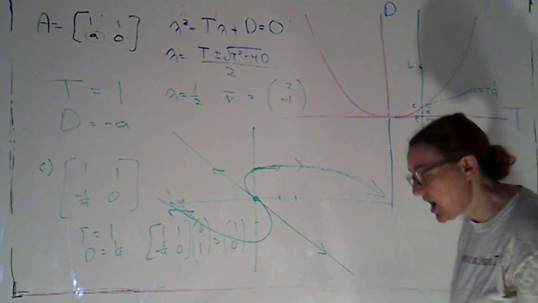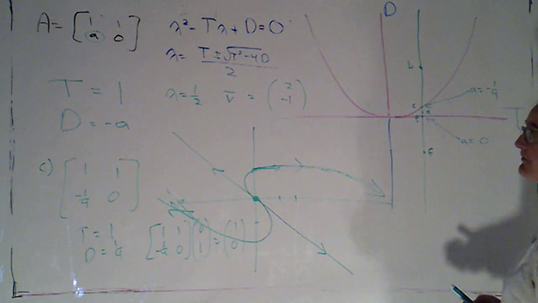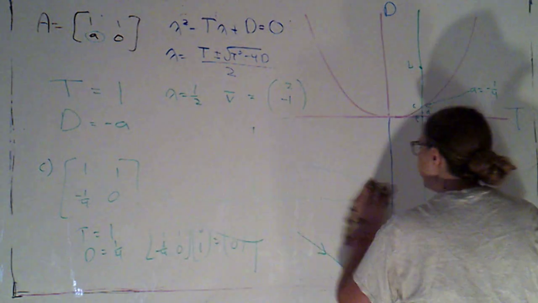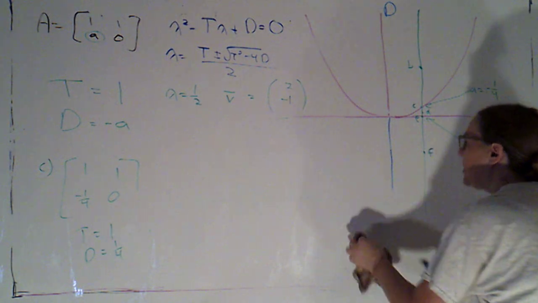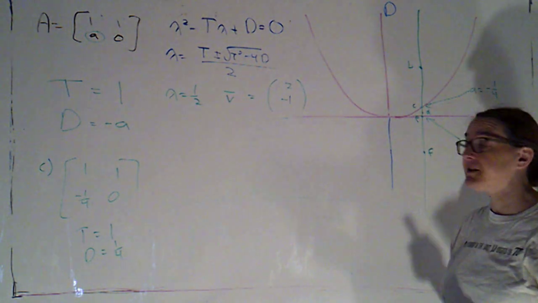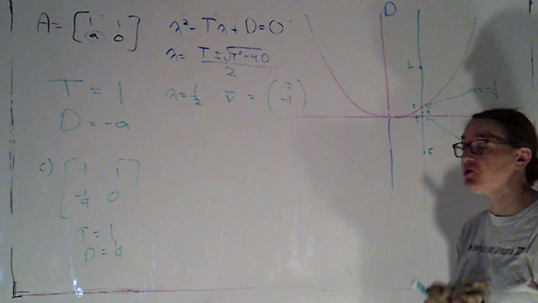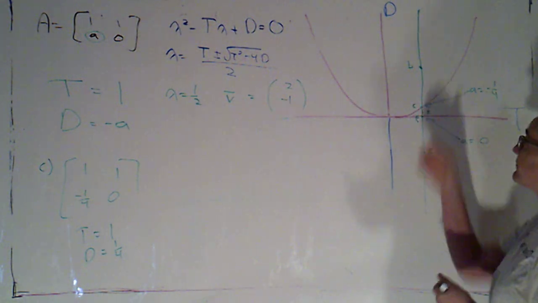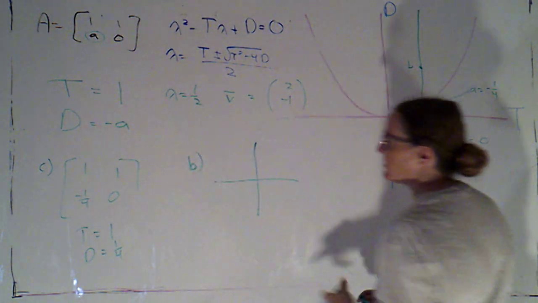In the interests of time, I'm just going to very quickly draw a representative phase portrait for the regions that we're in. If you're asked in homework, on a quiz, on an exam, to do one of these things, make sure you read the directions carefully. If you're asked to pick a specific value of A and draw the exact phase portrait that you're getting, make sure you do that. If you're asked to just draw a representative phase portrait for the region that you're in, that's okay. But make sure you do what the directions ask.